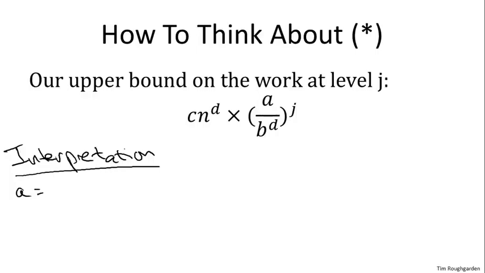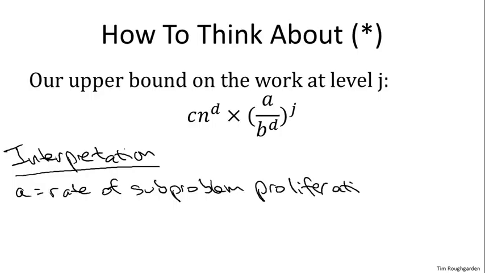So let me be more precise. Let's start with the parameter a. So a, you'll recall, is defined as the number of recursive calls made by the algorithm. So it's the number of children that a node in the recursion tree has. So fundamentally, what a is, it's the rate at which subproblems proliferate as you pass deeper in the recursion tree. It's the factor by which there are more subproblems at the next level than the previous one.